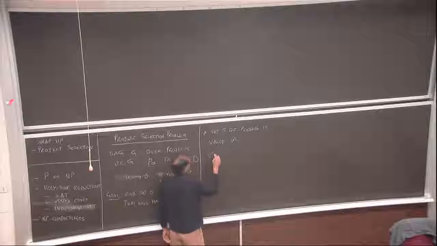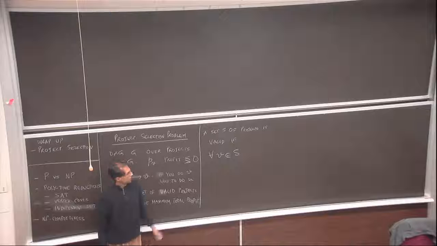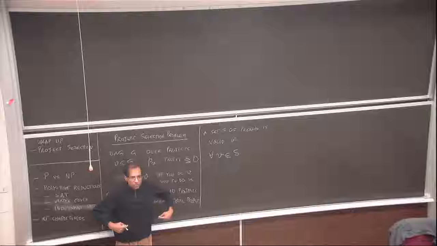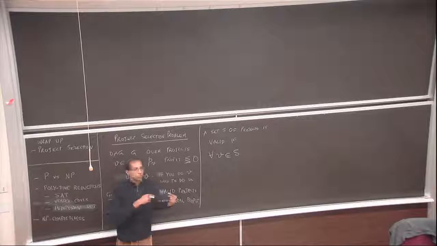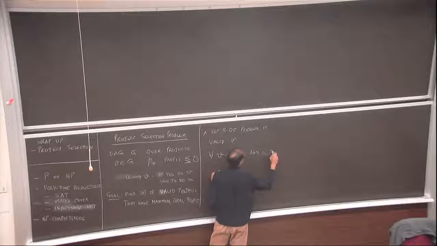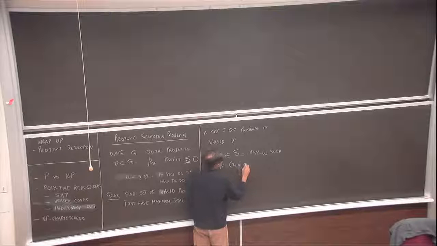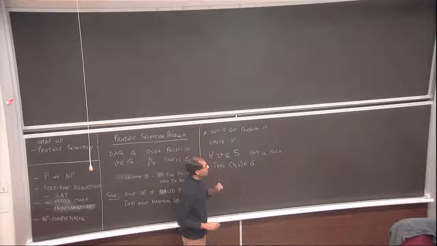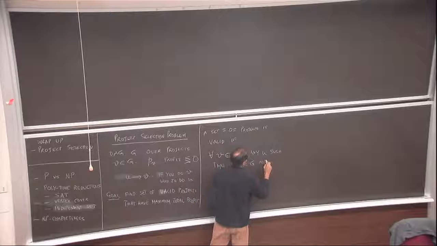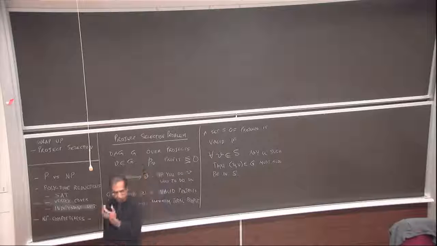Well, for every V that belongs to S, if V belongs to S, what happens? All the U that have an edge to V also should belong to S. Any U such that UV is in the graph G. Okay?